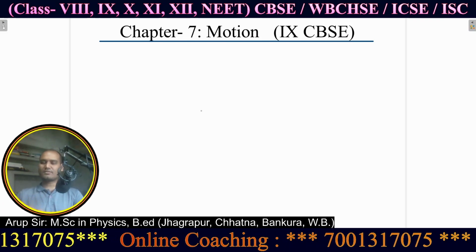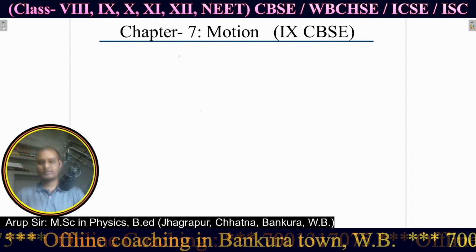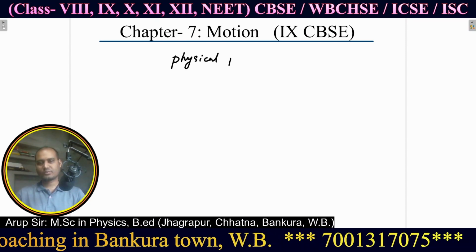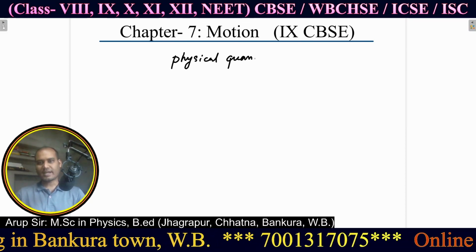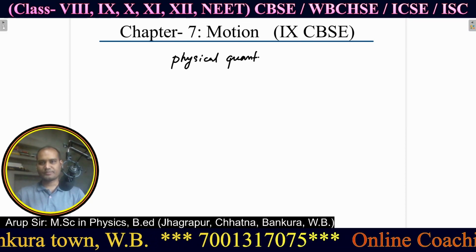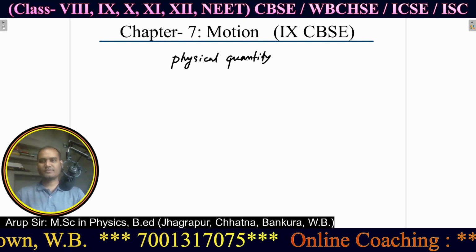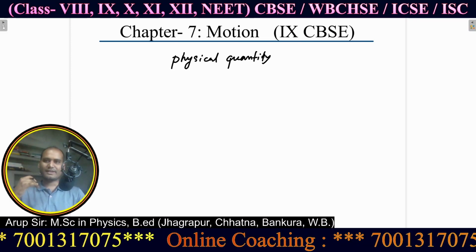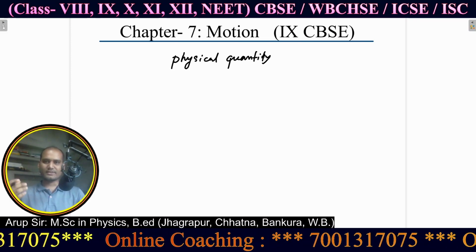So let's start with physical quantity, and types of physical quantities. Basically any physical quantity we can check whether it has direction or not, whether it has a value or not.